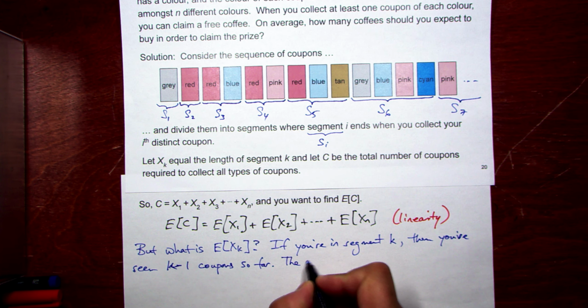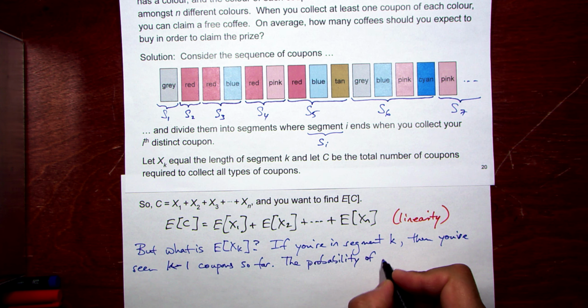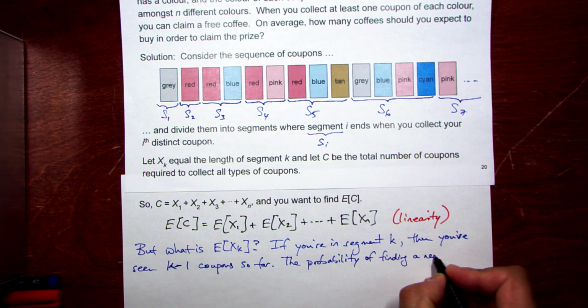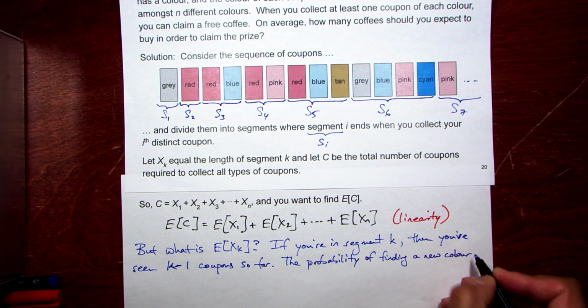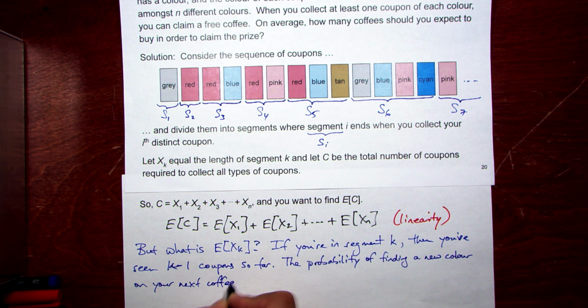The probability of finding a color you haven't seen, so we'll call it a new color, on your next coffee is, well, let's think about this for a little bit. There are certainly n colors, right? So it's going to be something over n. Initially, if it's segment 1, it's going to be n over n, right? You automatically get a new color.